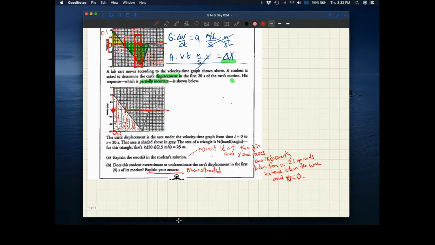Well, we would include things like the actual displacement is the area of the trapezoid from 1.5 to 2.0 seconds between the curve and v equals 0.